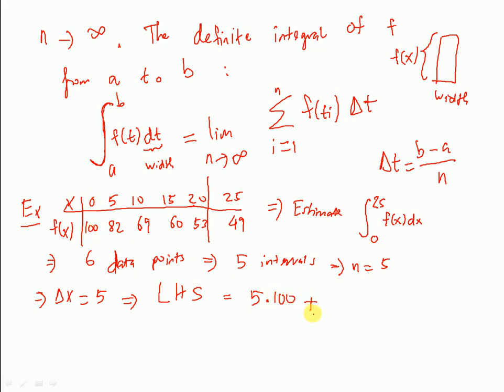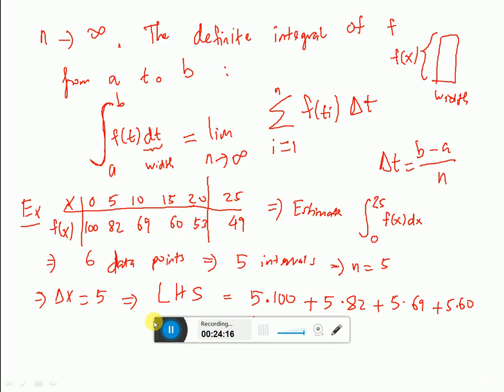Then we add the next one, the width is also 5, and we multiply by 82, and again 5 multiplied by 69, again 5 multiplied by 60, and then plus 5 multiplied by 53.